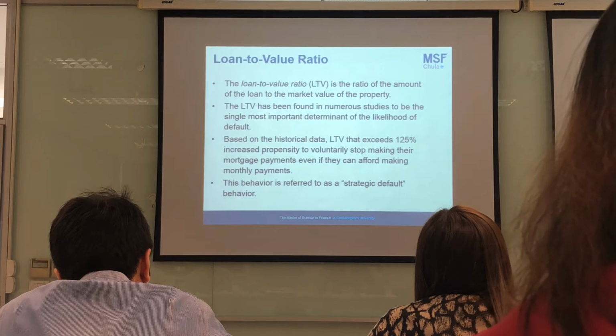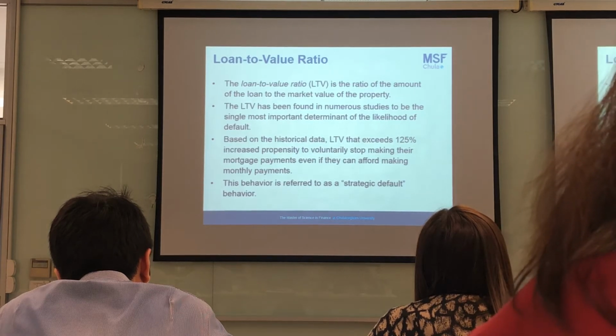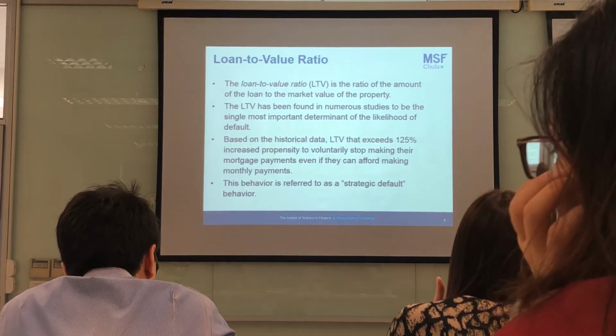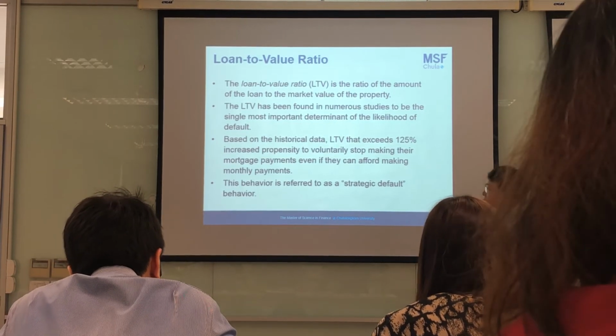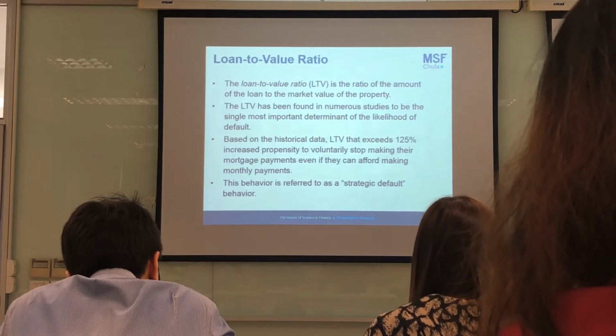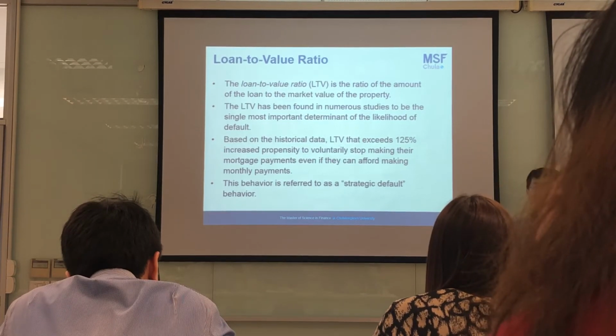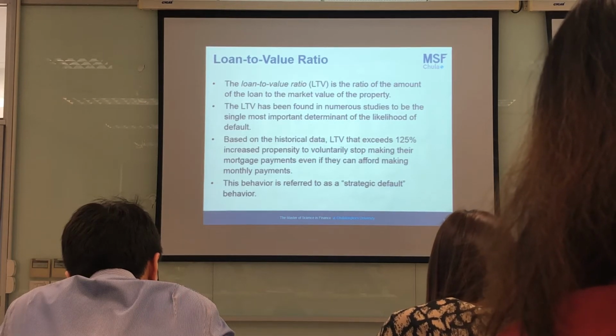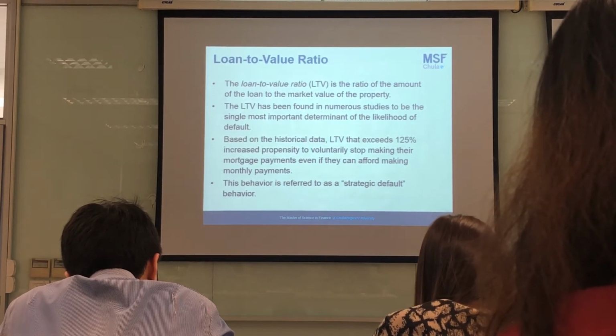Before we move on to that point, this slide will talk about one indicator that the Bank of Thailand, also the bank, may consider when they want to lend money to the borrower. It is called LTV, loan to value ratio. What is the LTV as indicated in the first bullet?